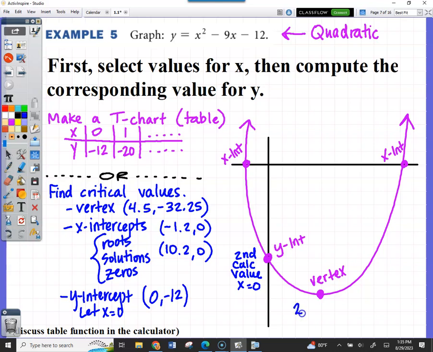The vertex was second calc, minimum. The x-intercepts were second calc, zero, and then it had 3 questions. So there's you some notes if you need help with writing those.